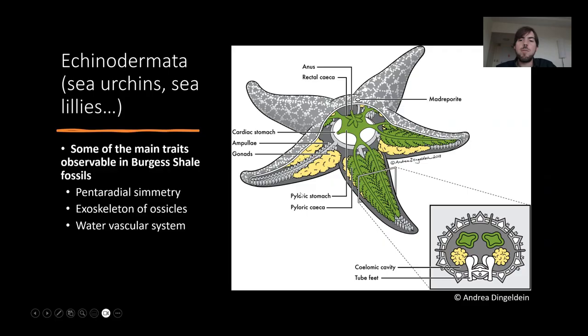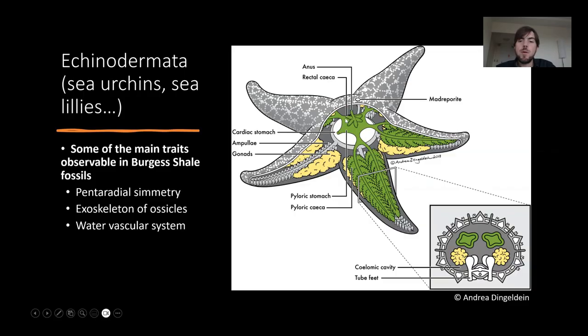If you have a fossil sea urchin, you will also have this pentaradial symmetry. If you cut the stem of a sea lily, you will also see this pentaradial symmetry. The other thing is that they have this very unique exoskeleton made out of ossicles. So it's made out of very small plates that cover the whole body. And finally, what identifies them is that most echinoderms move and feed thanks to a water vascular system.